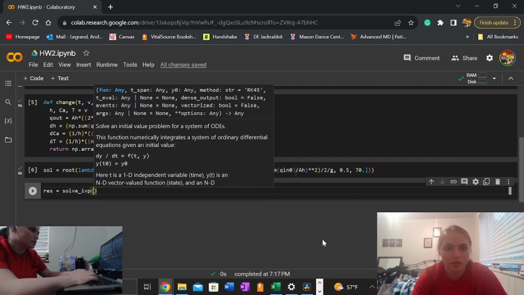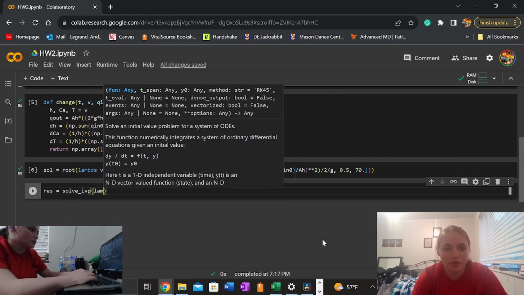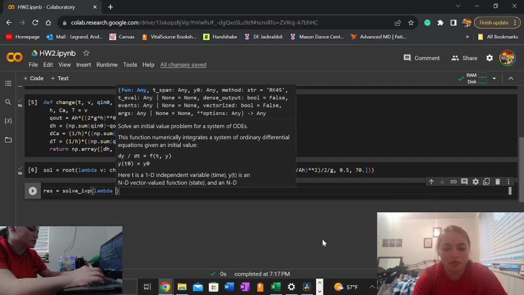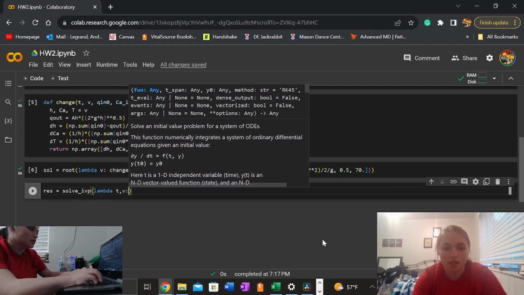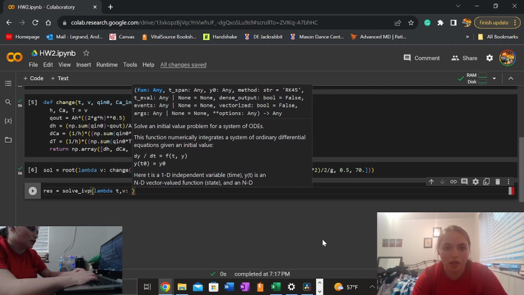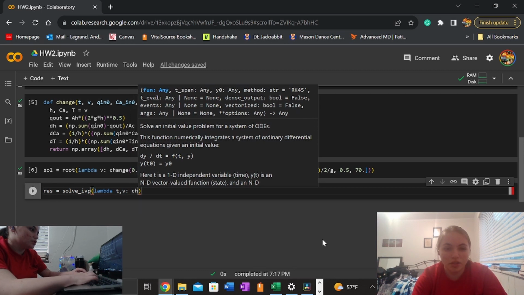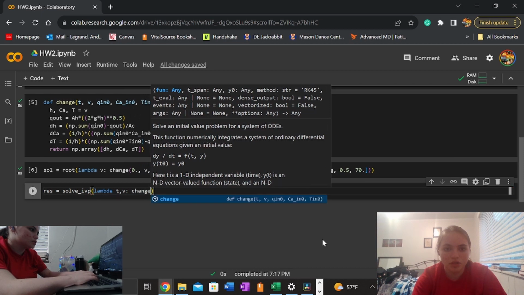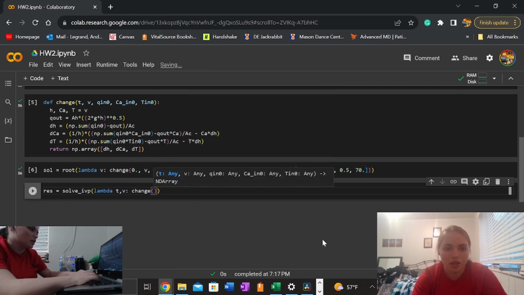And that is going to be our solve_ivp. We're going to do our lambda, and this is going to be t comma v, and we do change, and then it's just our units.